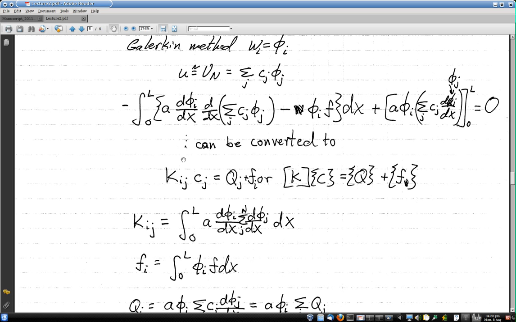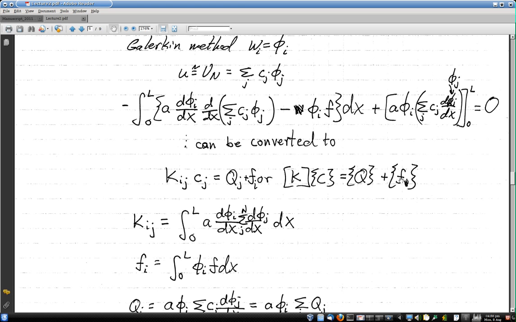This is a column vector C. These are my unknown constants here. And then I have a vector for boundary conditions Q, and here is my internal force F. These have been discretized at every node in the finite element problem. More specifically, here is K, here is F, and here is Q.